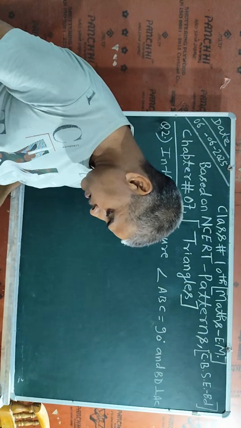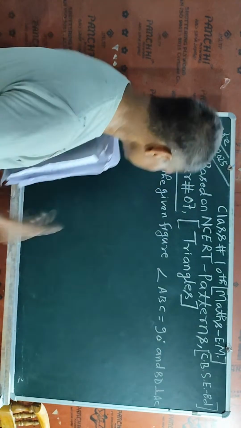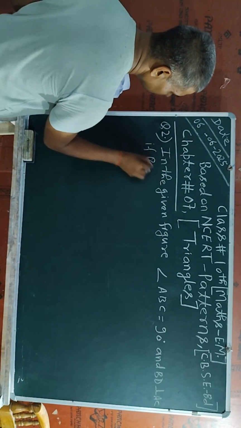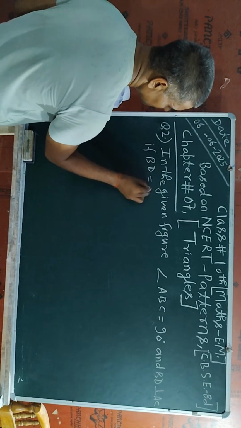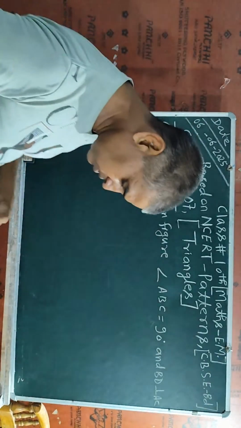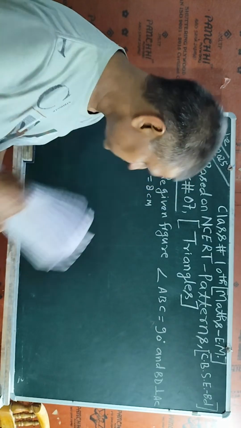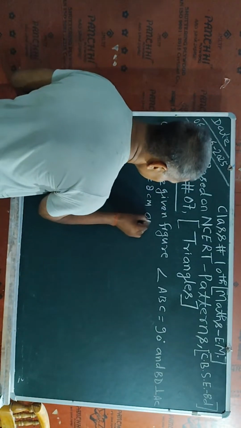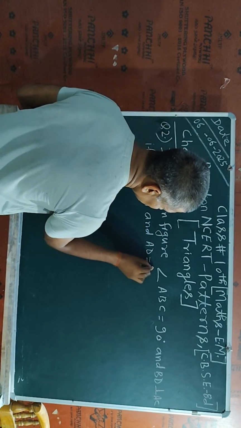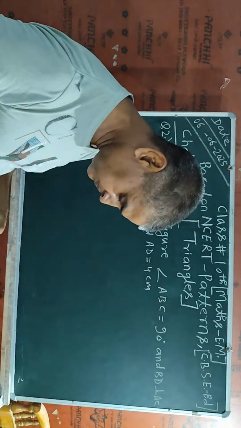Now, if BD is equal to 8 centimeter and AB is equal to 4 centimeter, and AD is equal to 4 centimeter, these informations are given.